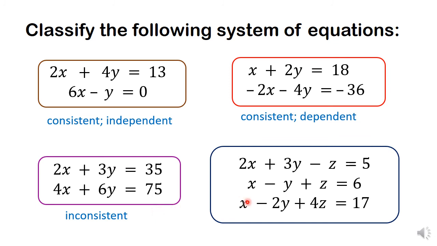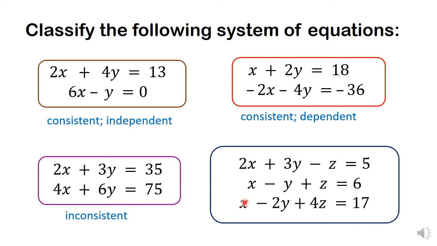Okay, so for the last system of equations that we have, let's observe the coefficients of x, y, and z. Notice that we have 3 variables this time. That's why we have 3 equations. Yung mga constants natin, walang pattern, as well as yung coefficients ng z, ng y, and x, walang pattern, no?